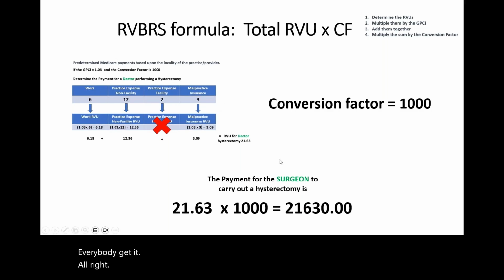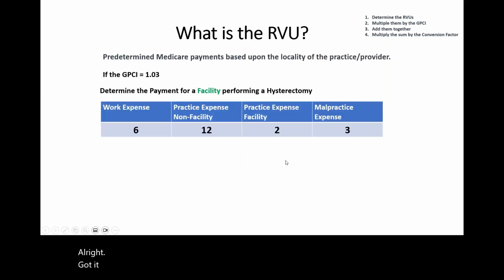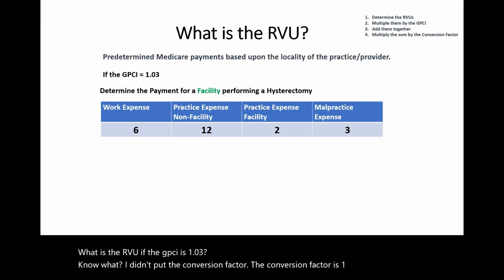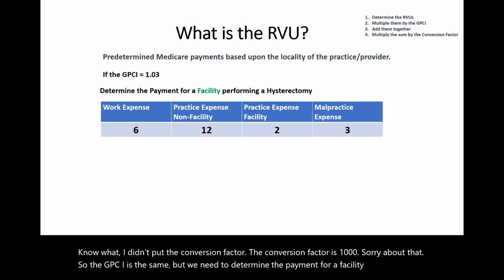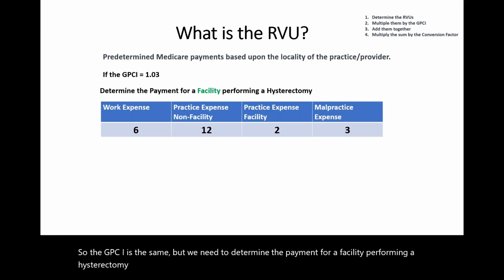All right, got another question. What is the RVU if the GPCI is 1.03? Oh, you know what? I didn't put the conversion factor. The conversion factor is 1,000. Sorry about that. So the GPCI is the same, but we need to determine the payment for a facility performing a hysterectomy.